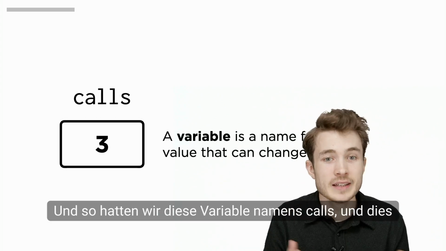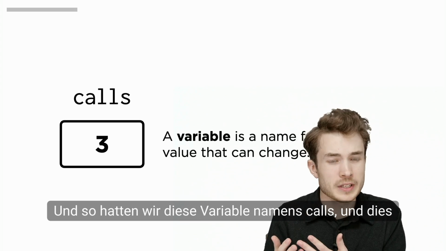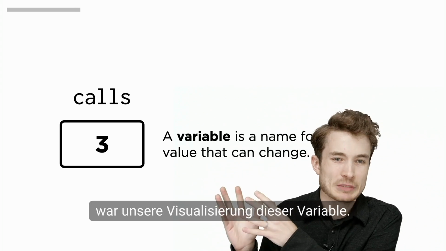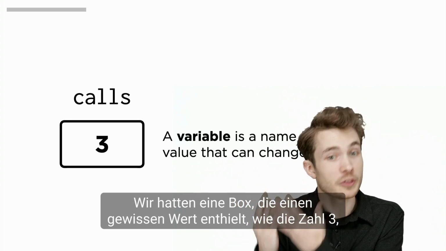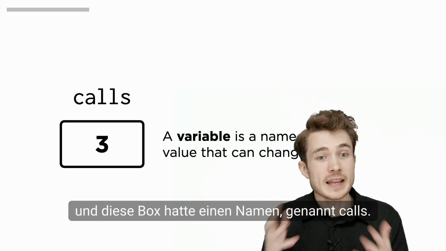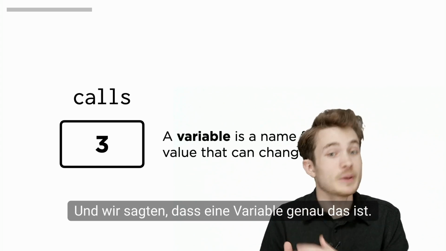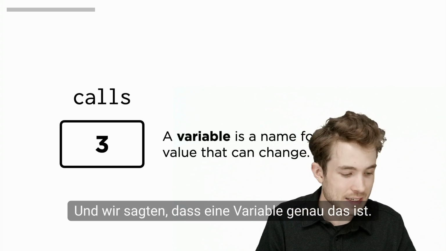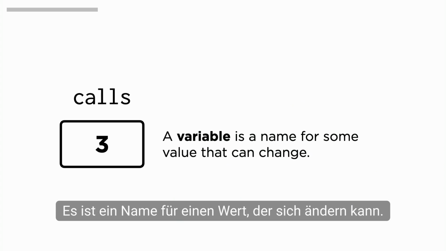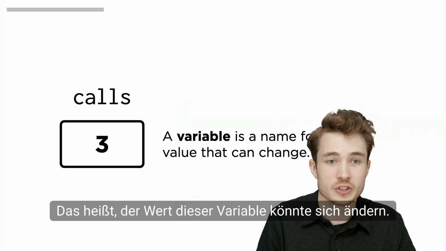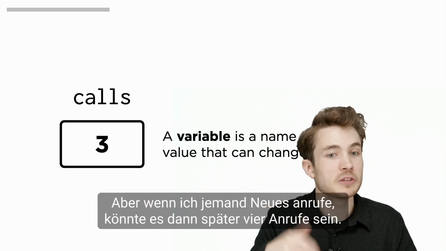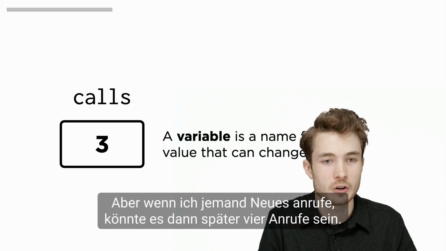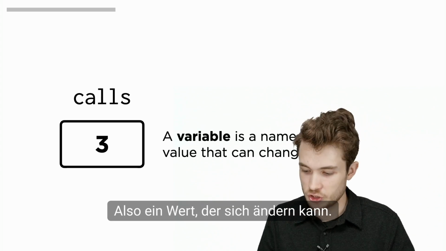And so we had this variable named calls, and this was our visual of that variable. We had a box that had some value in it, like the number 3, and that box had a name called calls. And we said that a variable was exactly this. It is a name for some value that can change. That is, the value of that variable could change. It could be 3 calls right now, but when I call somebody anew, it could be then later on 4 calls. So some value that can change.